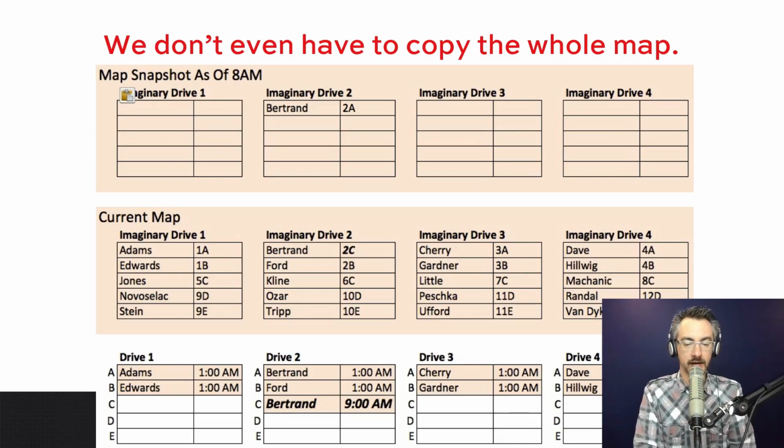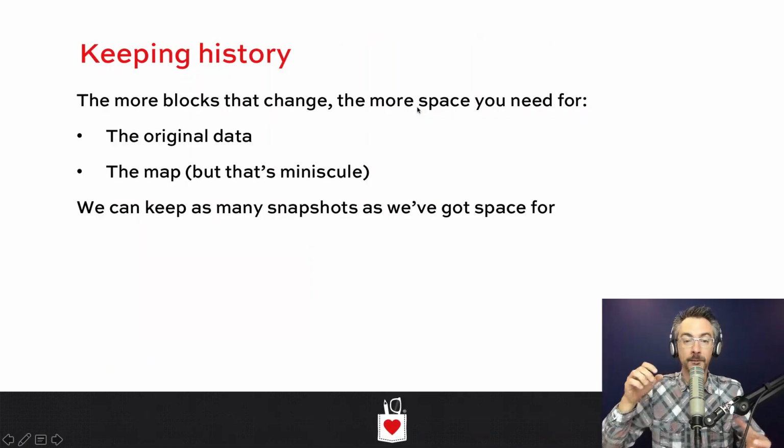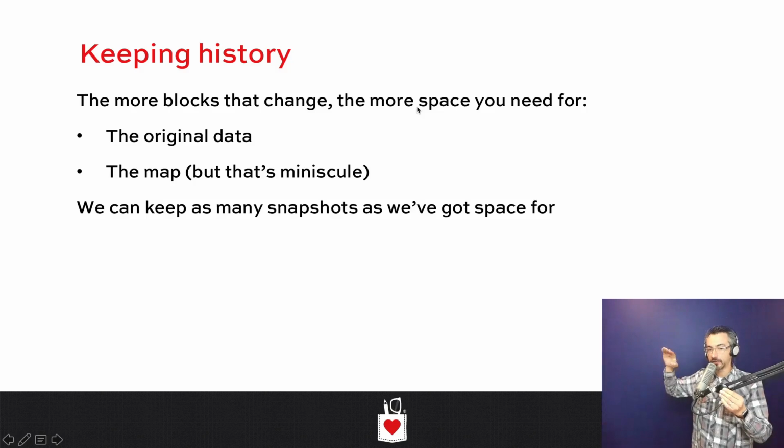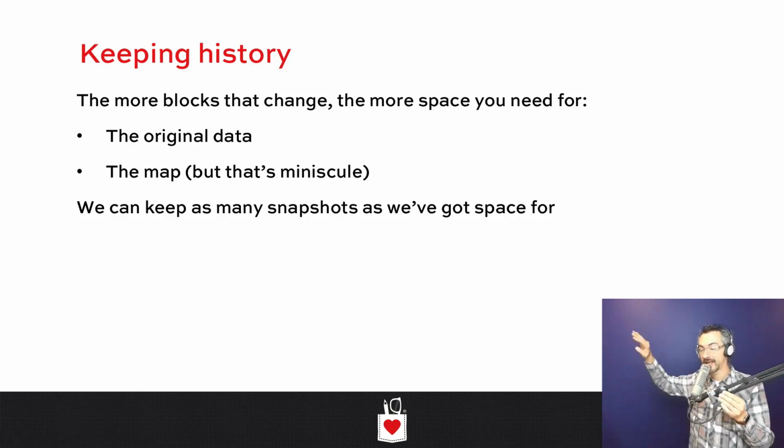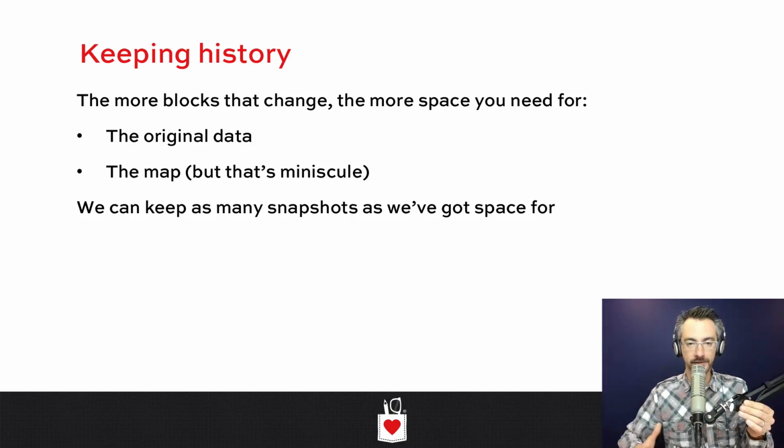Now, the maps are really tiny. Think megabytes, not gigabytes. But they don't even need to take much space initially at all, because all I have to do is say, all right, I've got a picture of it, and then every time someone updates their blog, I could just write what their old location was. This is called copy on write snapshots. So it can start at really tiny volumes in terms of sizes. But over time, no matter how you configure your snapshots, the more data that you change, the more space you'll need for your snapshots.